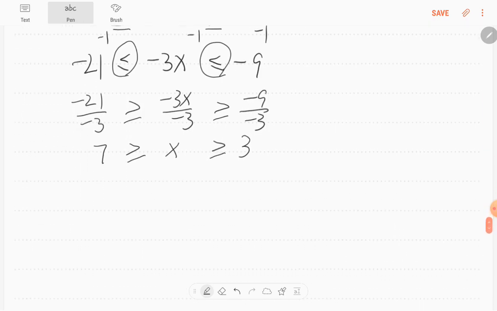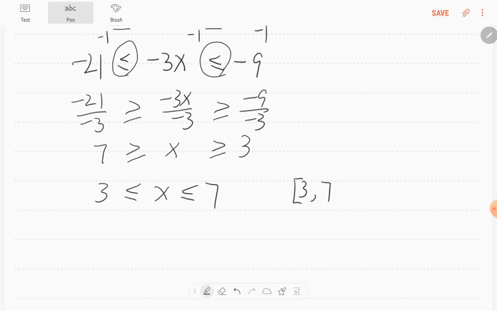In general, we always like to write x is greater than or equal to 3, less than or equal to 7. By convention, we always put the smaller number on the left side and the bigger number on the right side. So the interval notation would be 3 and 7.